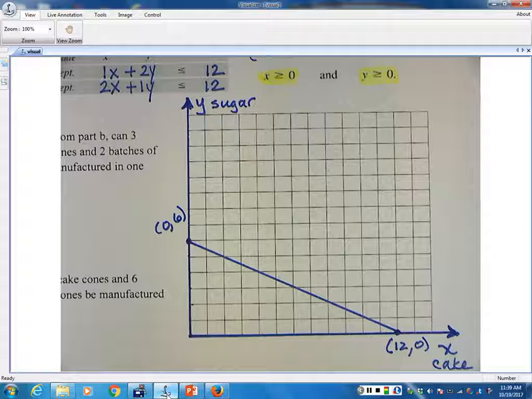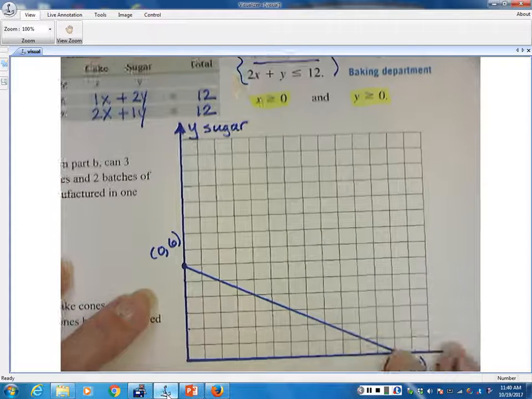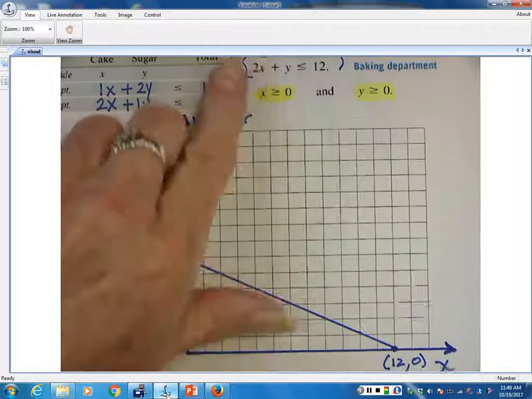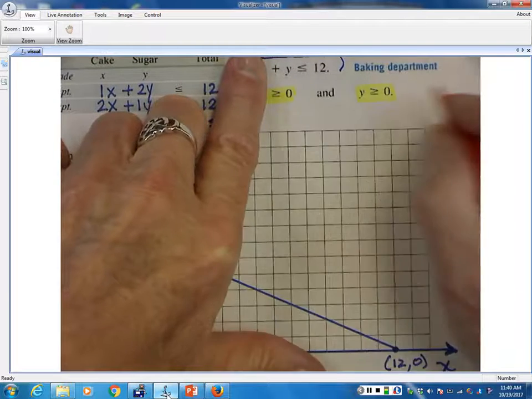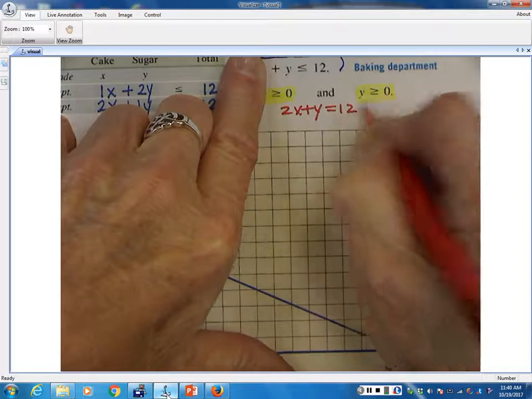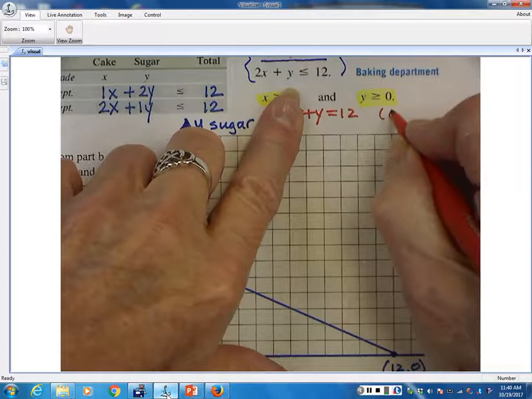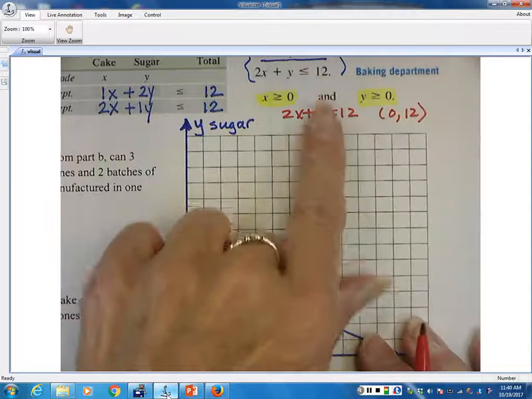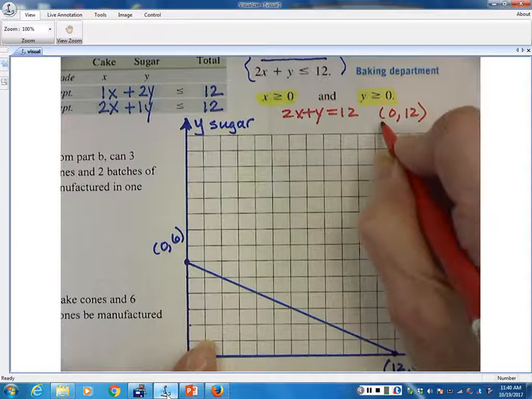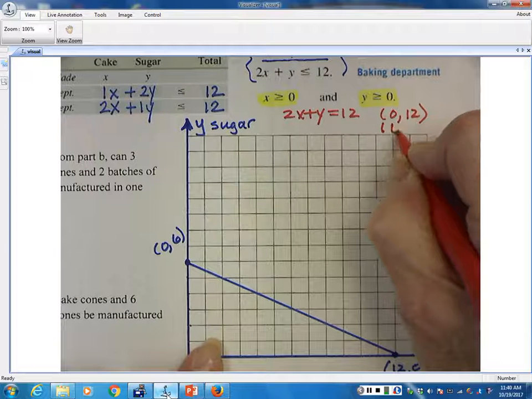And then I'm going to go ahead and graph the other. These are called constraints. Your inequalities are called your constraints. So for my 2x plus y is equal to 12, if I cover up x, that means y is equal to 12. So that's 0, 12. If I cover up the y, that means 2x is equal to 12, and then x is equal to 6.